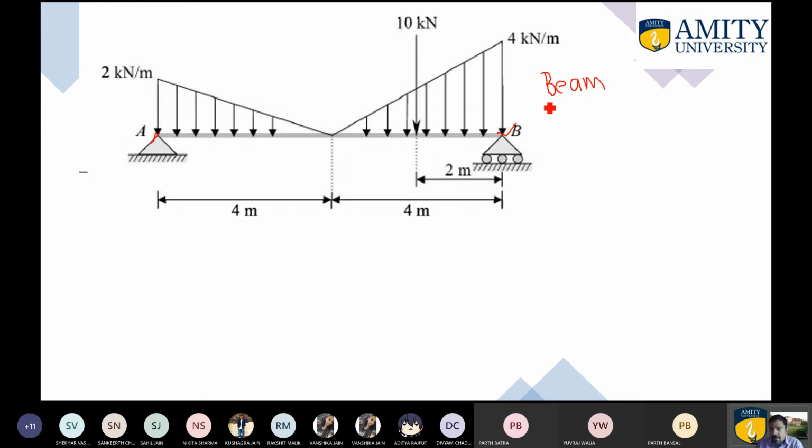I think all of you are familiar with the definition of the beam. So the beam is loaded, as you can observe.